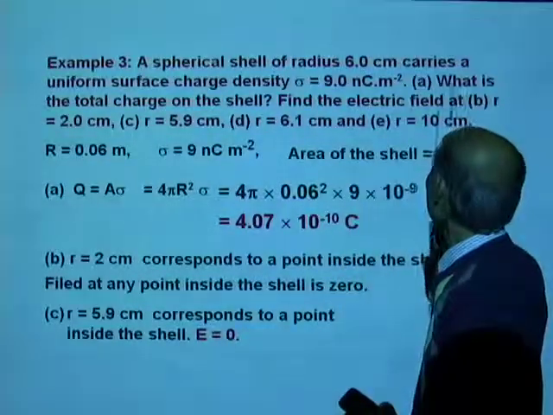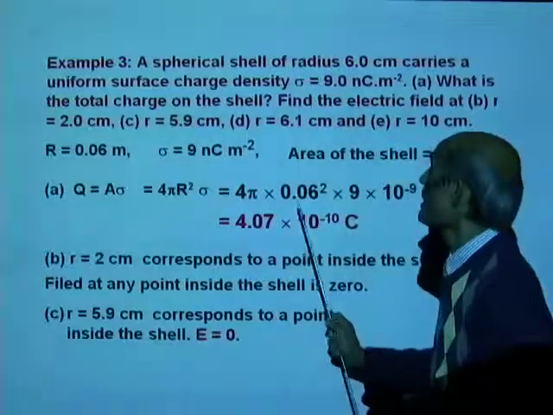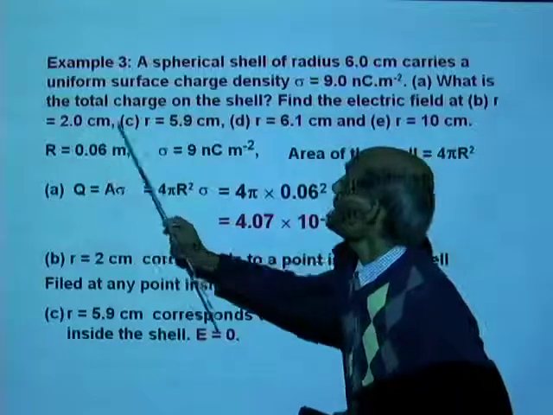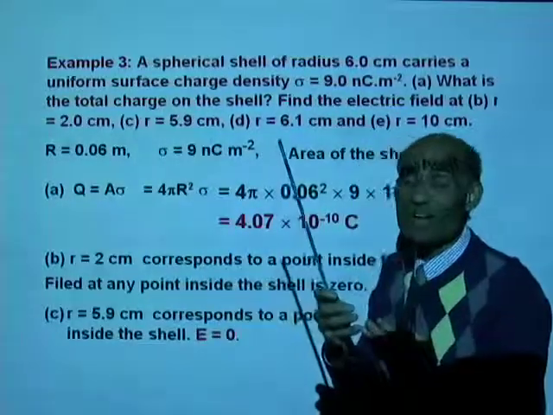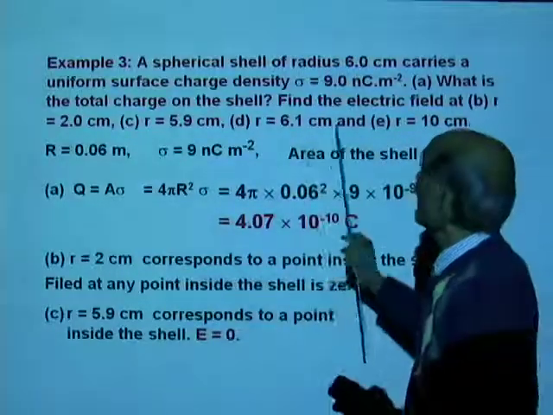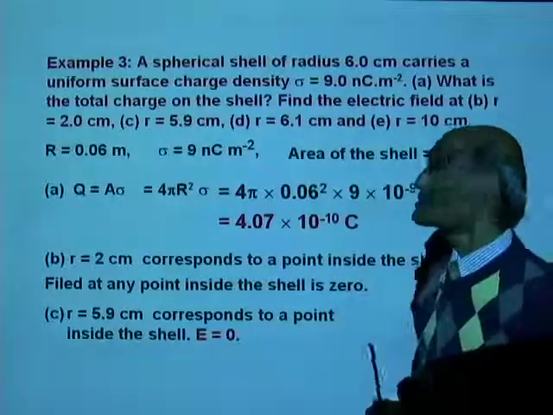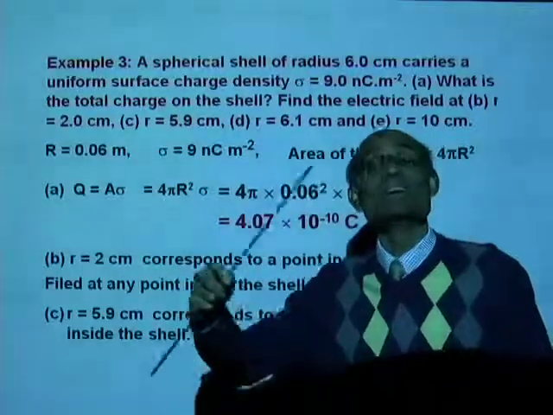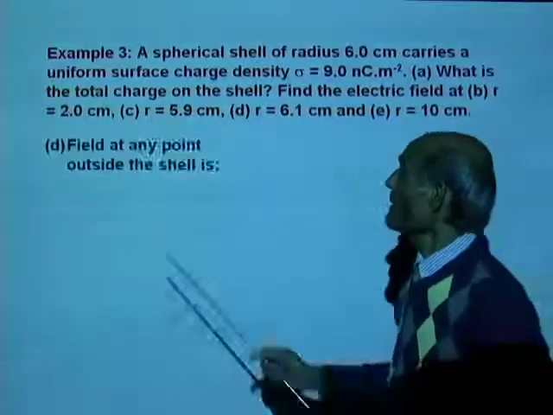So, we found the amount of charge on the shell. In both these points are inside the shell, the electric field inside the shell is 0. How about electric field at r equal to 6.1 centimeter? It is outside the shell. There is a value for field there.